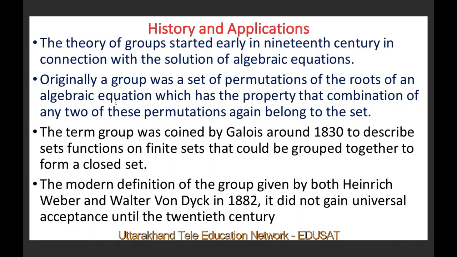The term group was coined by Galois around 1830 to describe sets of functions on a finite set that could be grouped together to form a closed set. The modern definition of group was given by both Heinrich Weber and Walther von Dyck in 1882, but it did not gain universal acceptance until the 20th century.